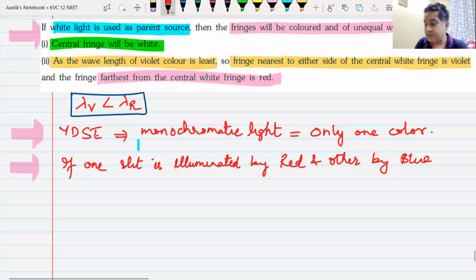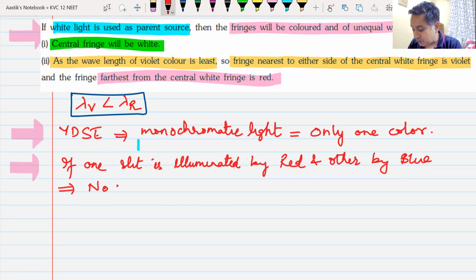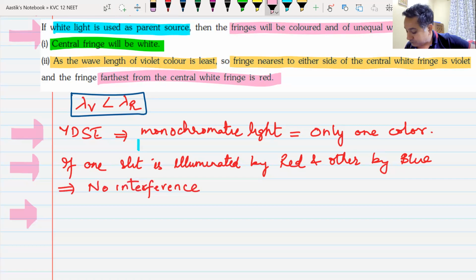If one slit is having red light and the other is having blue light, will you observe any interference? No, sir. We will not observe any interference because for interference to happen, we must have light of only one color or one wavelength. Do we understand this?